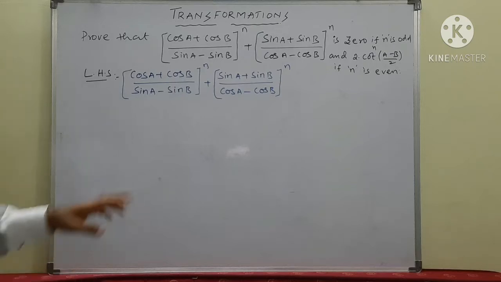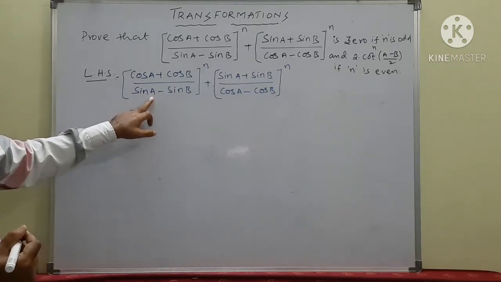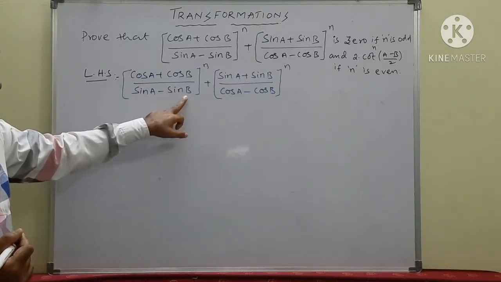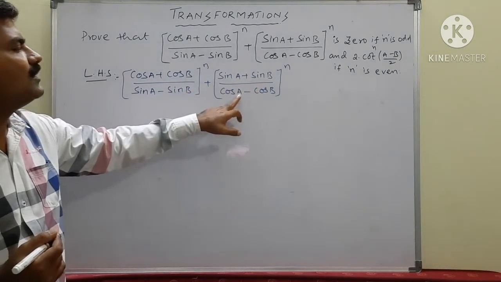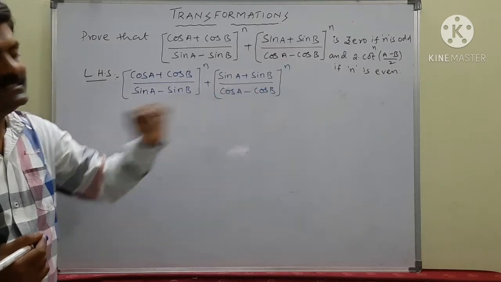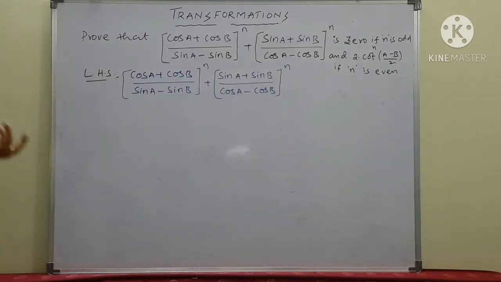And denominator is sin C minus sin D. Sin C plus sin D by cos C minus cos D. So all the four formulas we can use here.